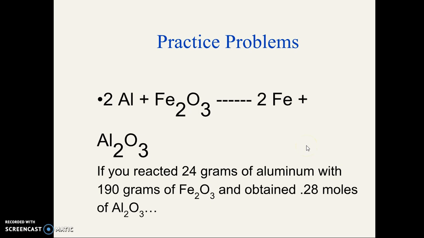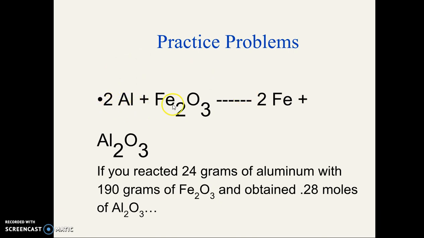So I want you to go ahead and try solving this one. This one's a little bit more complicated because it gives you grams. So you're going to have to convert these all to moles and then do your 2 equations. So 24 grams of aluminum, well, I need to convert it to moles of aluminum so then I can use the mole ratio.